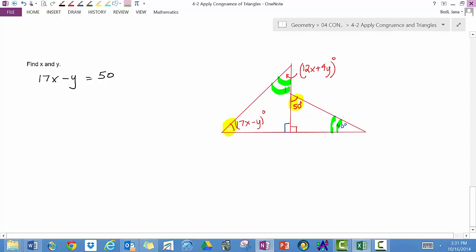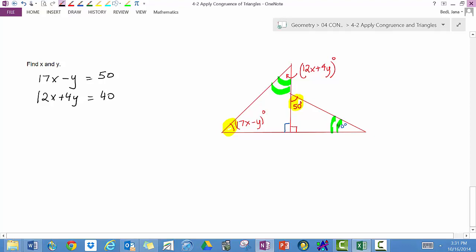Okay, so I have 12x plus 4y is equal to 40.